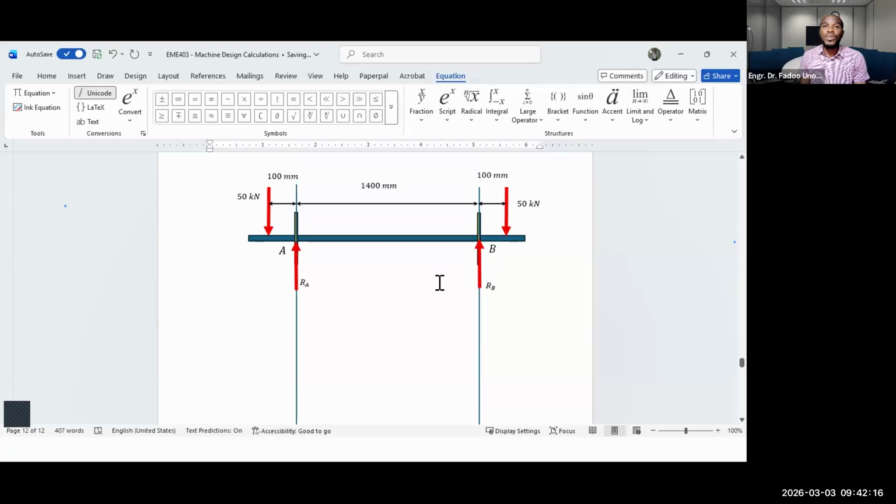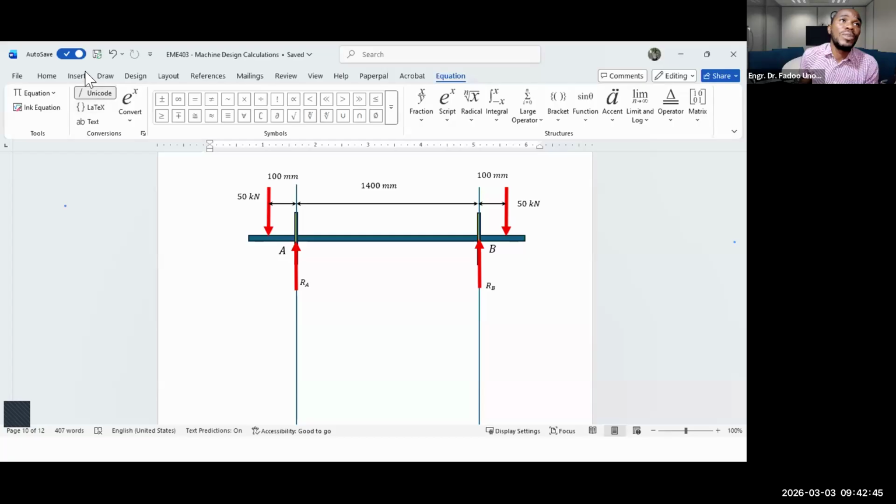The next thing we're going to do is to draw the bending moment diagram. What we're going to do is to identify the critical points in this system, and then find out what the value of the moment is at that point, and then we draw.